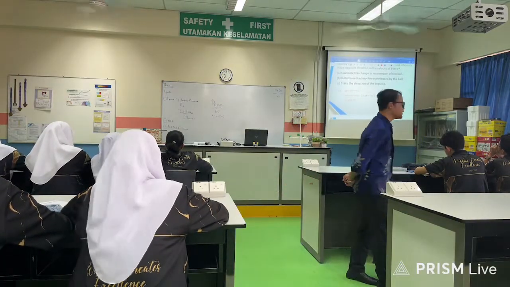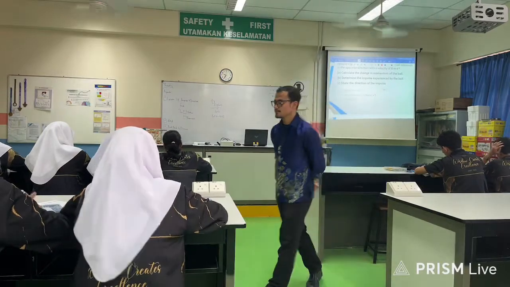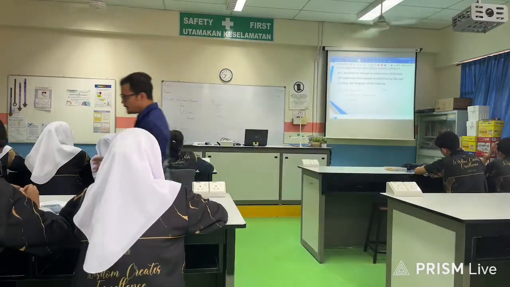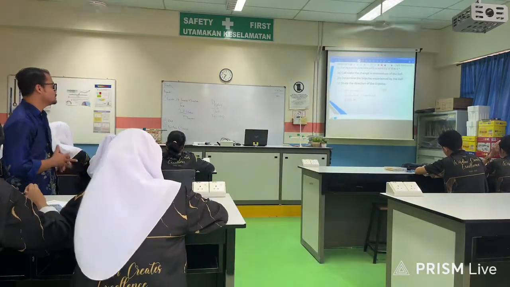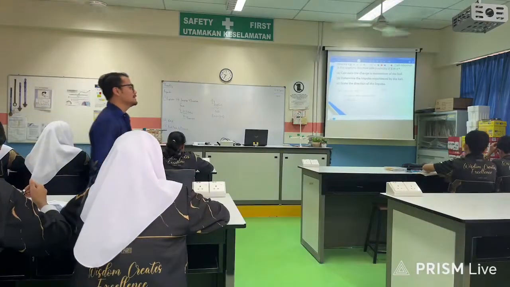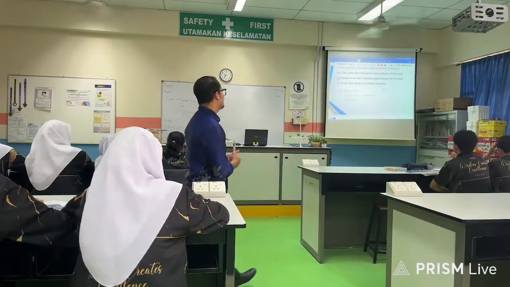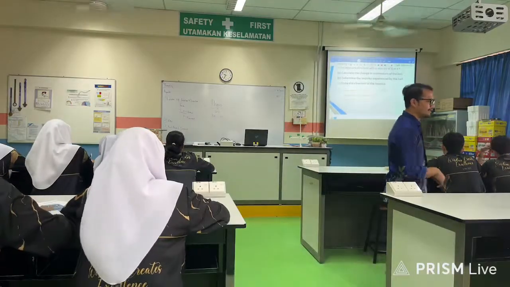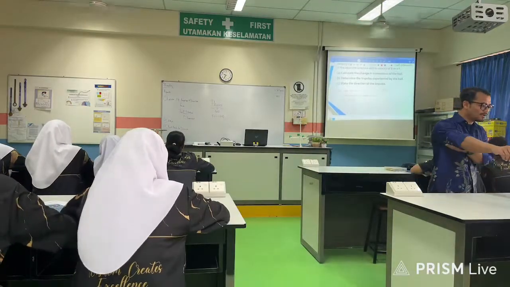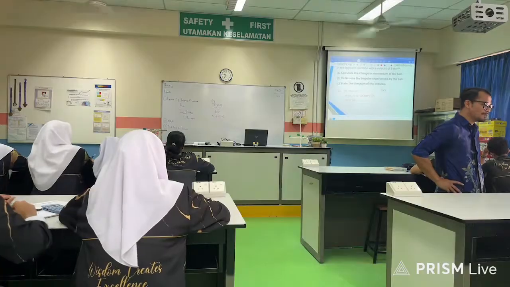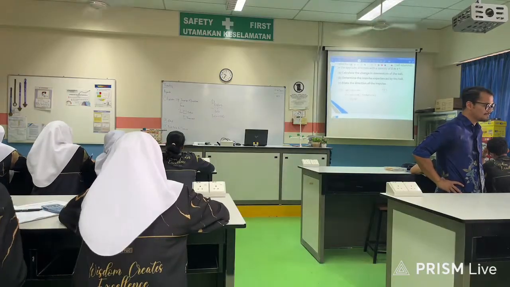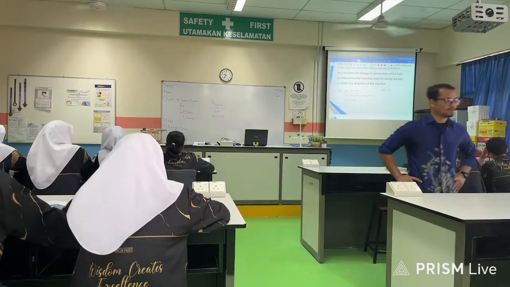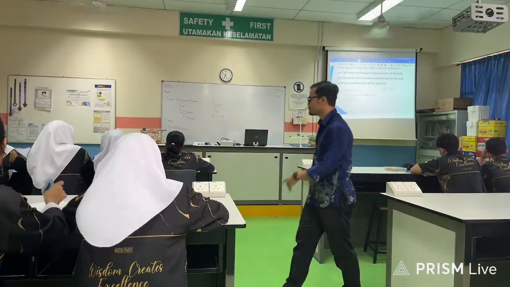Good. And then continue with B. Once we have obtained the value of change in momentum, indirectly you obtain the value of J, because the formula is J equals change in momentum. J equals 1.2 Ns.